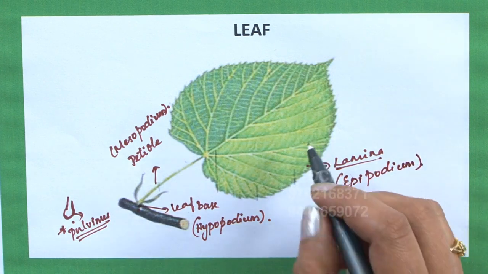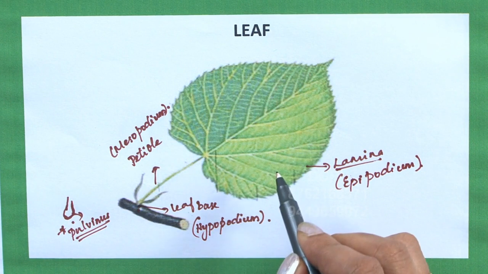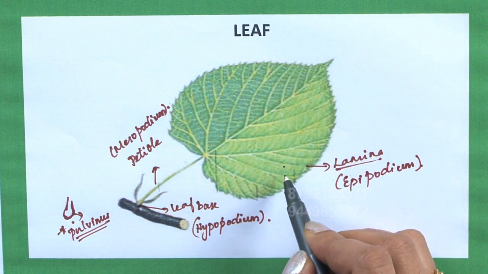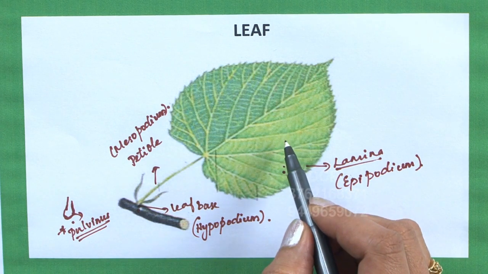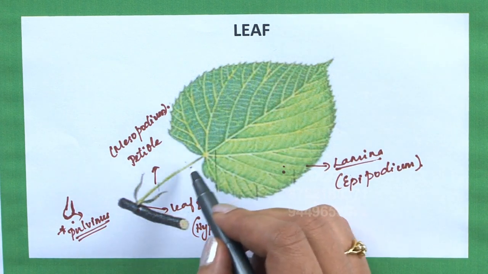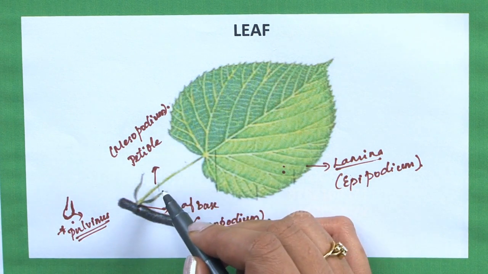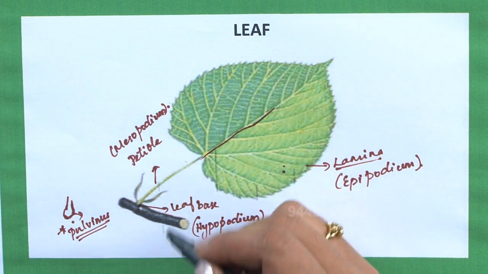The lamina is the most important part of a leaf, wherein the actual process of photosynthesis takes place, and whatever food is prepared in the lamina is transported to the other organs through the vascular tissue present in the veins.